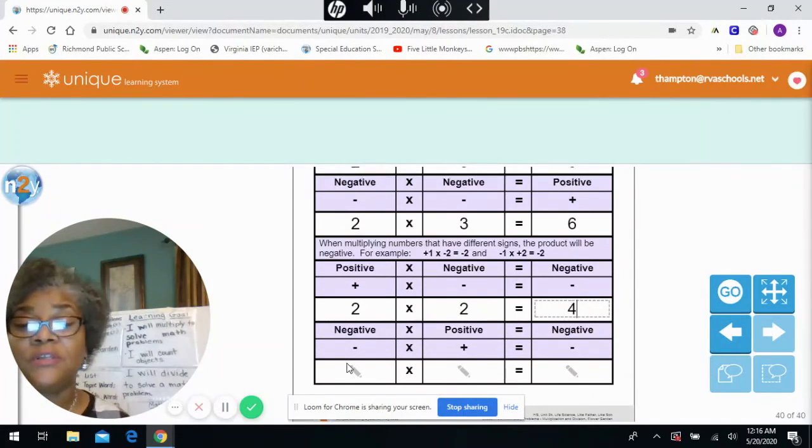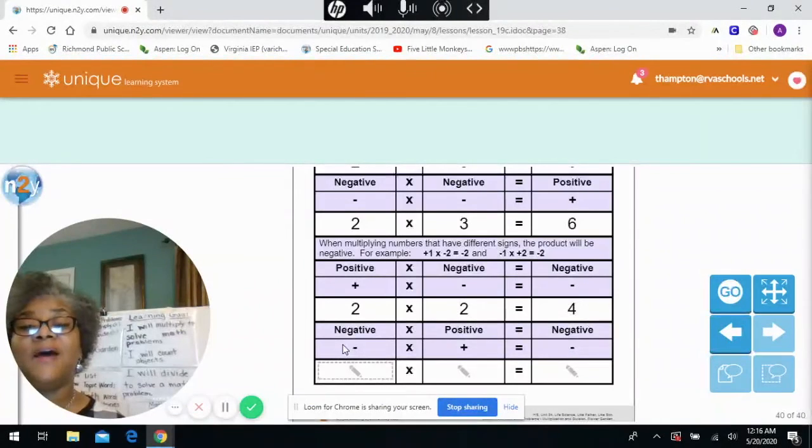The next one you all are going to do. Whatever numbers you put in there, just remember that a negative times a positive is negative, a negative times a negative is positive, and a positive times a positive is positive. It doesn't matter whether you have the negative first or the positive first.